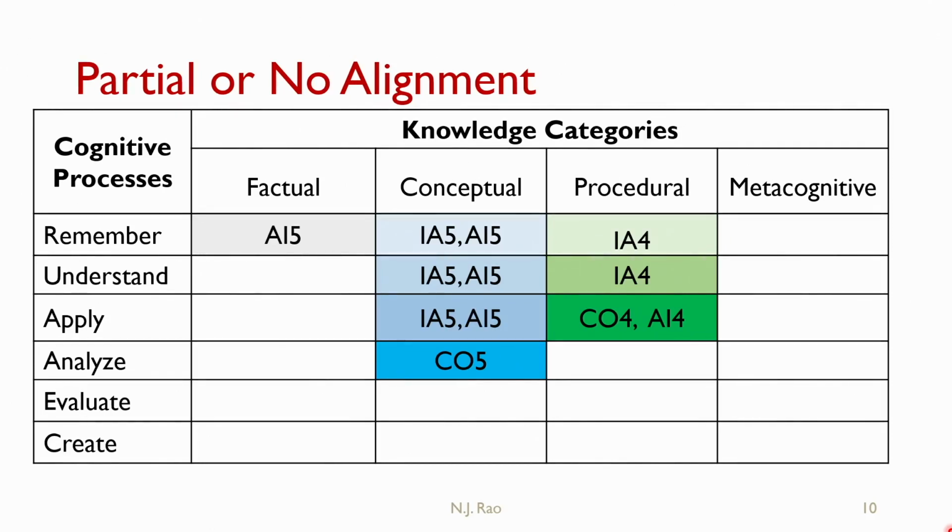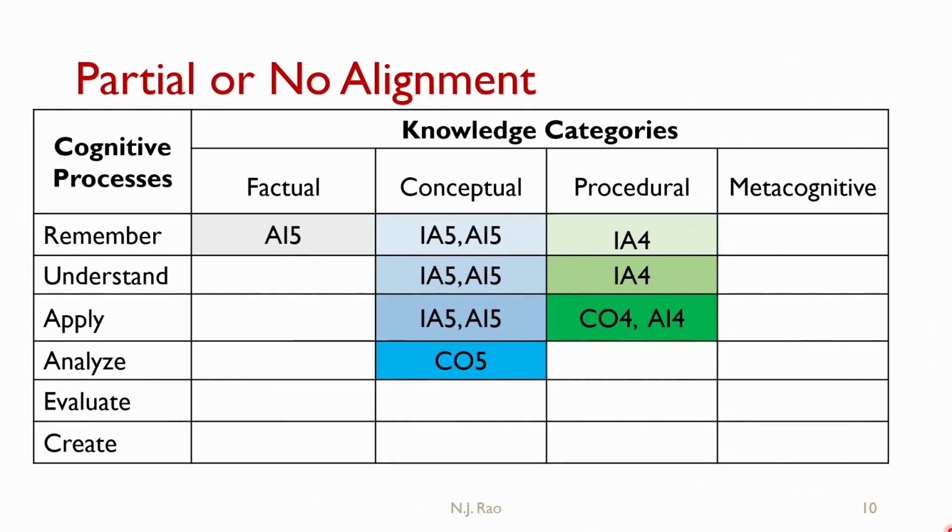Then I can have another situation, an extreme one. AI5 belongs to 1 and 1. That means it is neither analyze nor conceptual, it is only some kind of remembering some definitions or some factual information, and it is in total misalignment with the CO5. This is what one needs to understand when you talk about using the taxonomy table to understand the alignment.